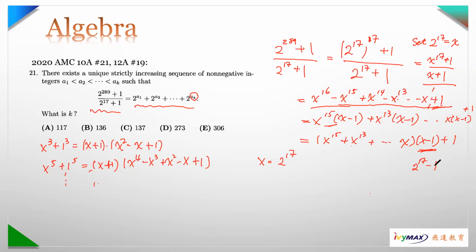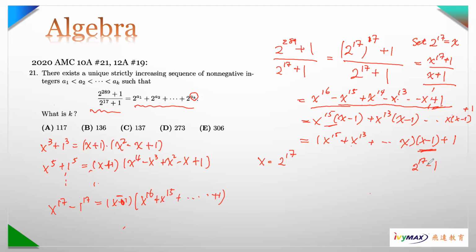Okay, so using the same technique, but a little bit different, like x to the power 17 minus 1. Similarly, I should get x plus 1 times x to the power 16 plus x to the power 15 plus blah, blah, blah, all the way to 1, right? Sorry, this should be a negative instead.